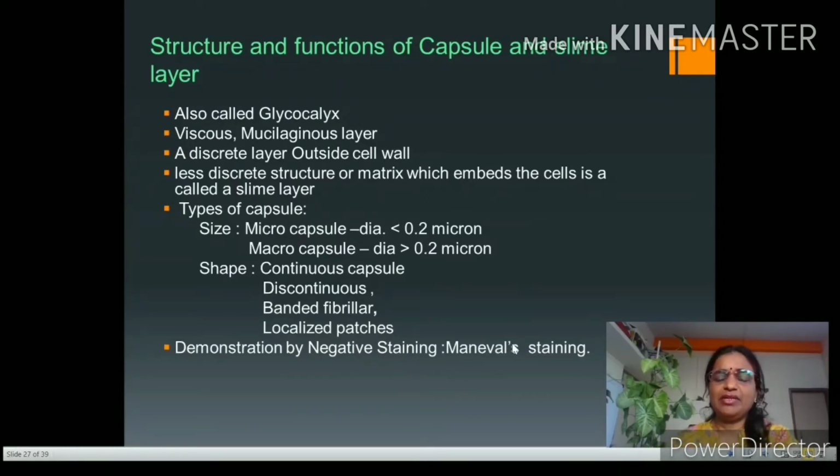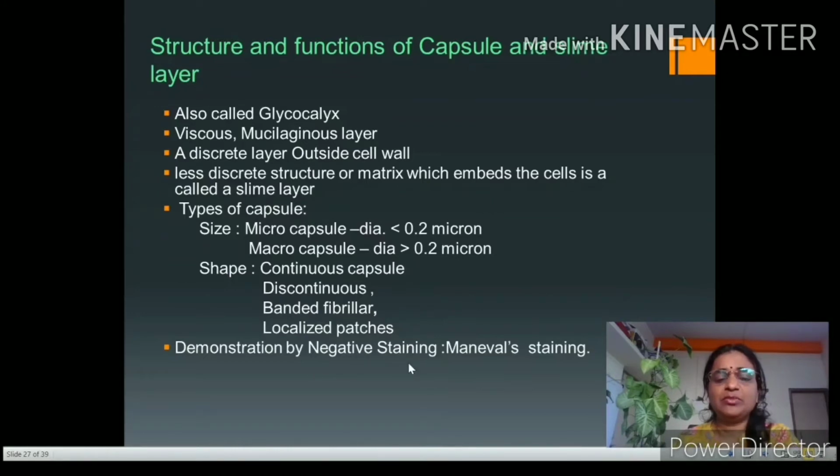Capsules can be demonstrated with the help of the Maneval staining method. By this method, colorless capsules are visible against a blue background and pink vegetative cell. So this is a special staining method which uses the principle of negative staining.